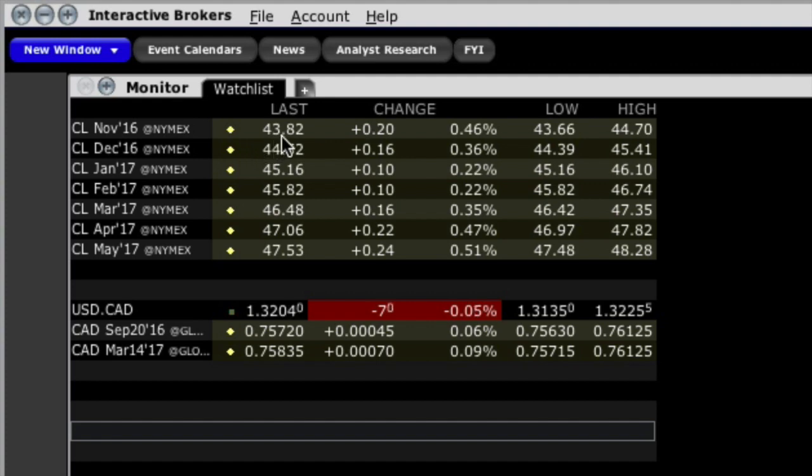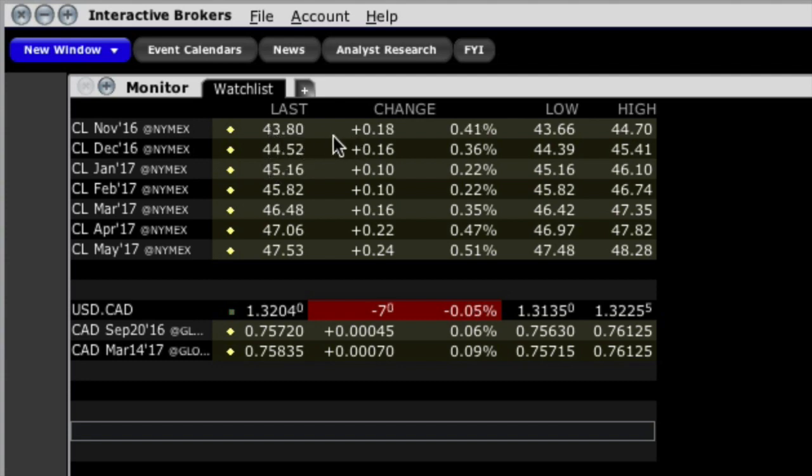Once I sell a futures contract for 43.84, in my portfolio it says that I'm short one contract at 43.84. No matter where the price goes, my profit and loss is dictated by the price at which I entered the futures contract. But the futures contract trades all day long now. The next question is, well, what moves the price?